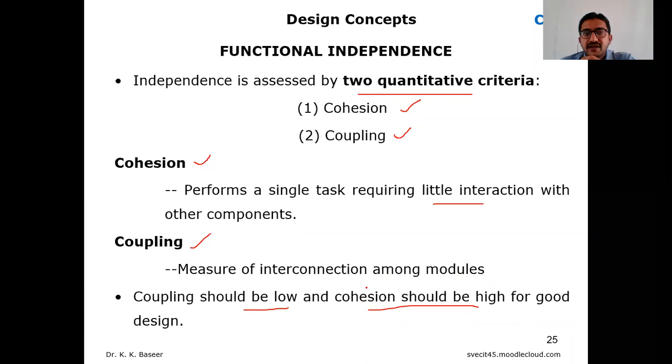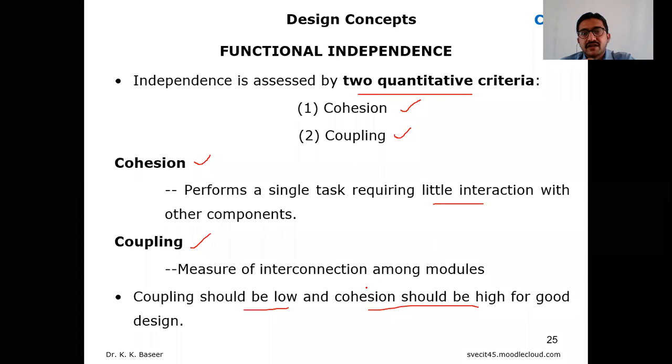What is the meaning of that? Interaction between the modules should be low, and interaction within a module should be high. So the one with less interaction between the modules is cohesion. That's why cohesion should be high, whereas coupling should be low.